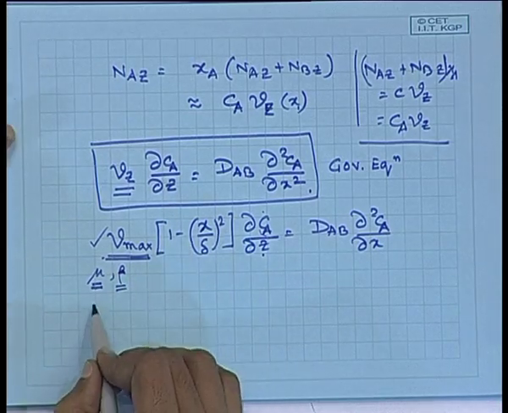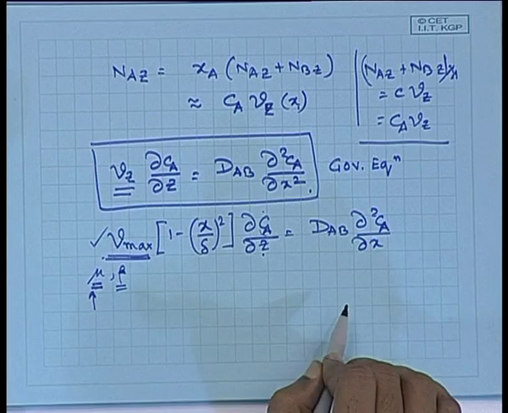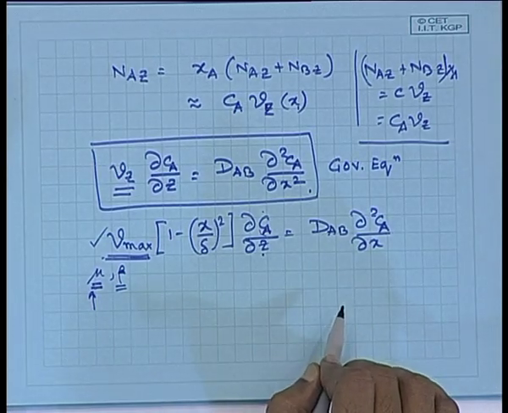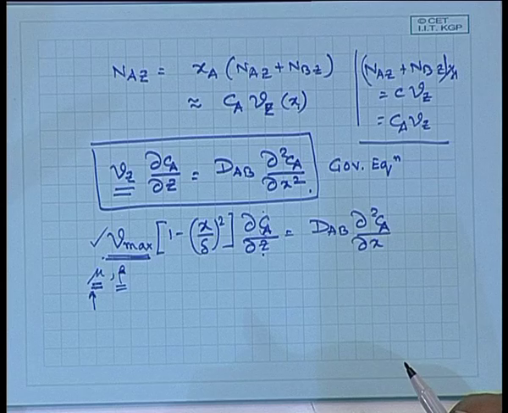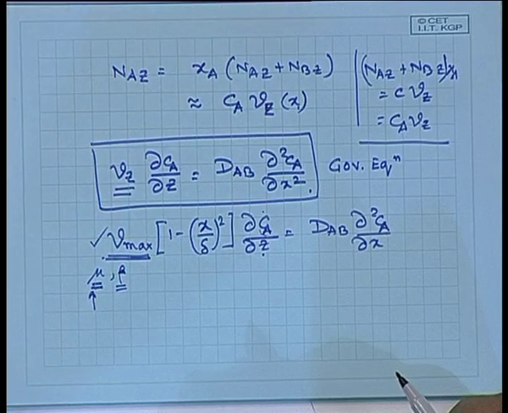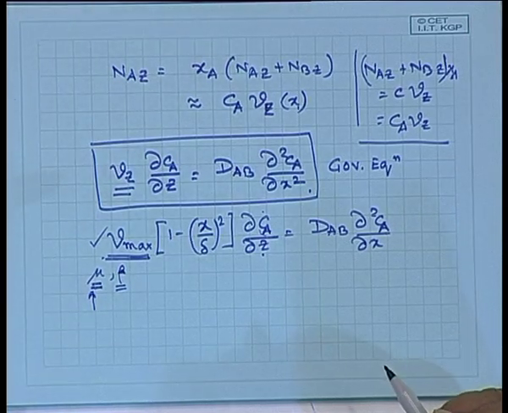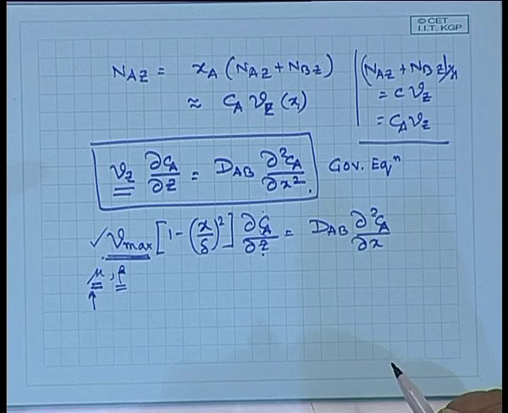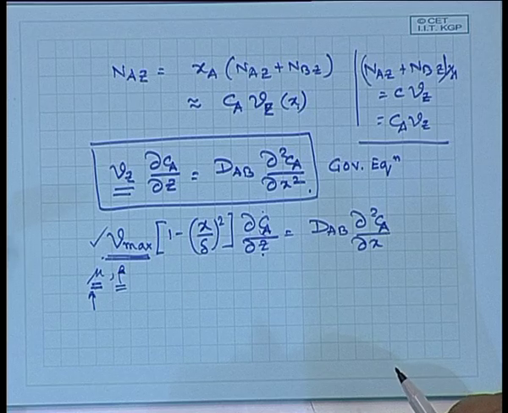So my sparingly soluble comes in here as well. When I am saying sparingly soluble, I am assuming that my viscosity will remain unchanged with Z. That means, as we go along the falling film, even as more and more A is absorbed by the liquid, it is not going to significantly change viscosity.